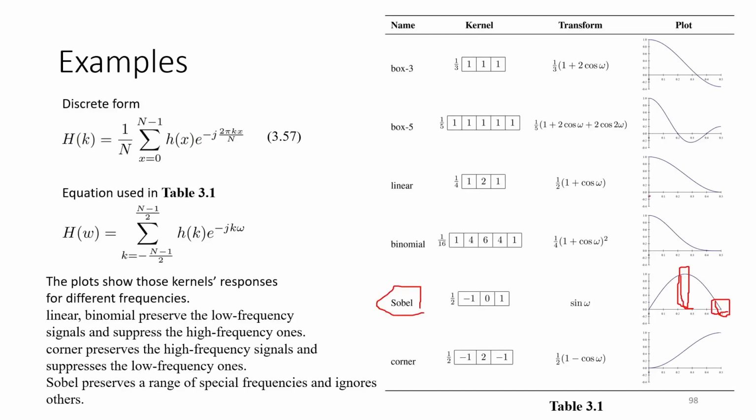For the Sobel filter, if your values are just 1, 0, 1 in this case, and then you apply this Sobel filter, the result you get will be 0. So for certain frequencies, the value will also decrease to 0.